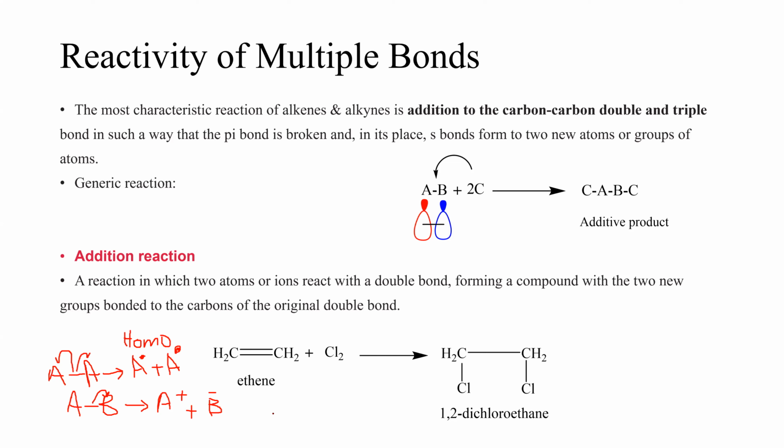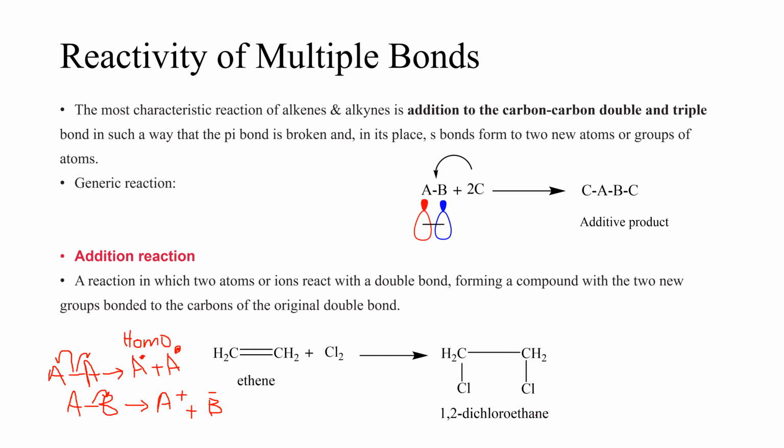So this reaction will happen through homolytic cleavage, because Cl-Cl will break in a way that there is one electron on each Cl, and the same with each carbon, and then there are two new sigma bonds. If there is an alkyne, there will be another step to reach the alkane.